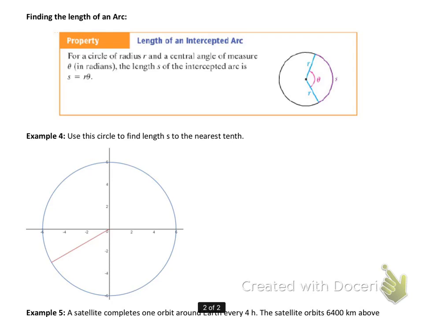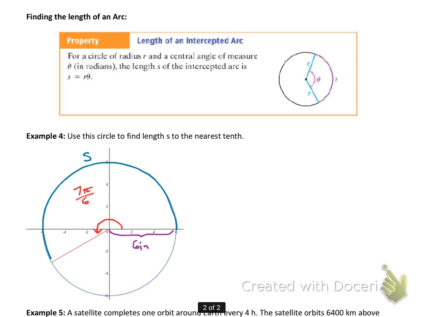Now s is actually this outer blue shell from 0 to there. The angle here is 7 pi over 6, and this distance here is 6 inches.